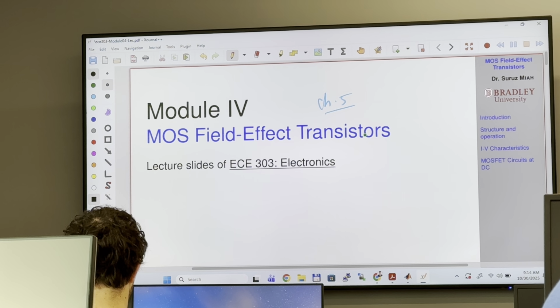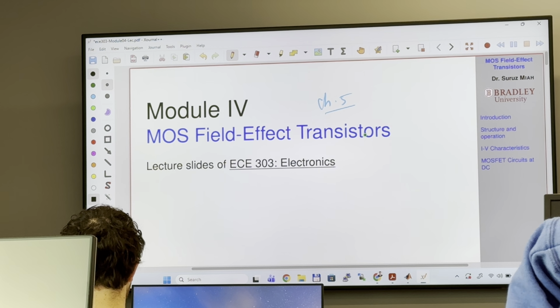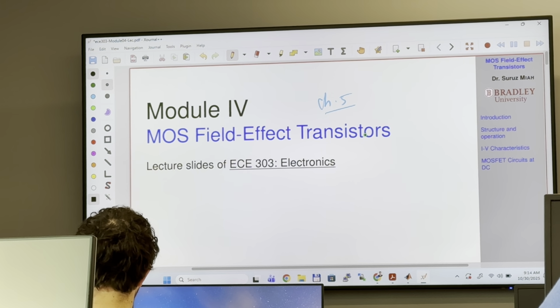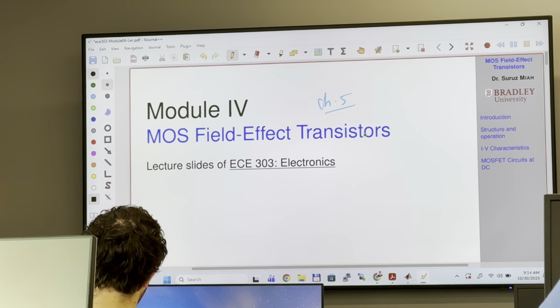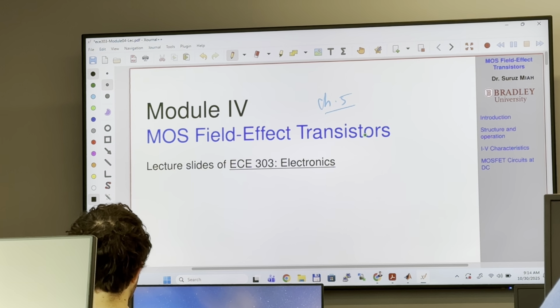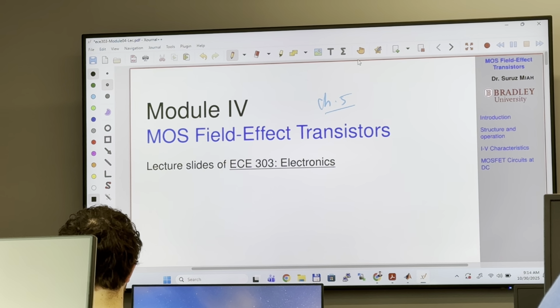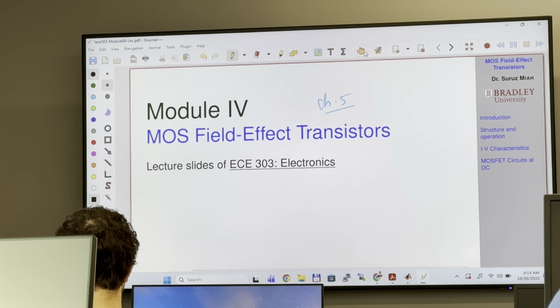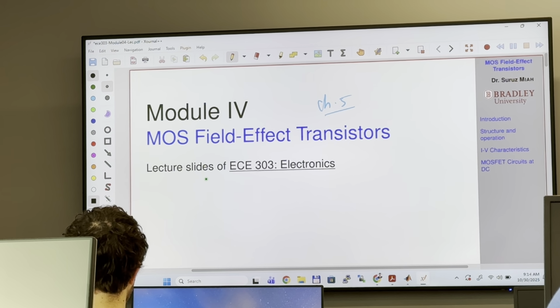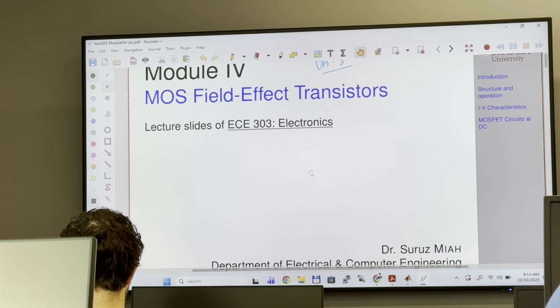Once I have the parts, I will be listing the specific part number. Then you will conduct one laboratory based on MOSFET. So make sure you understand the theory, operating principle, and construction of this MOSFET properly. That way it will be easier for you to conduct the laboratory. Lab is not that hard.